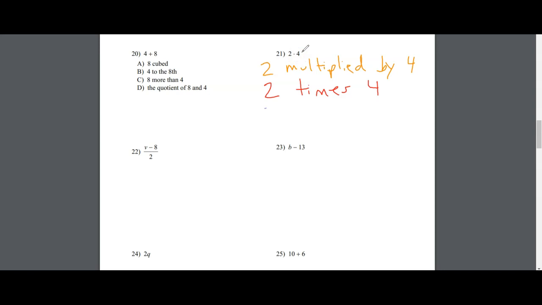And we could say the product, because the product implies multiplication, the product of 2 and 4. So those would be 3 different, all correct ways of expressing 2 times 4 in words. All right, we are off to 28.